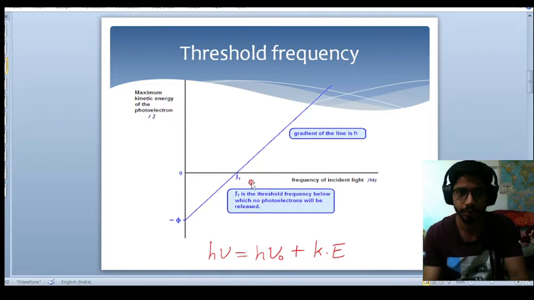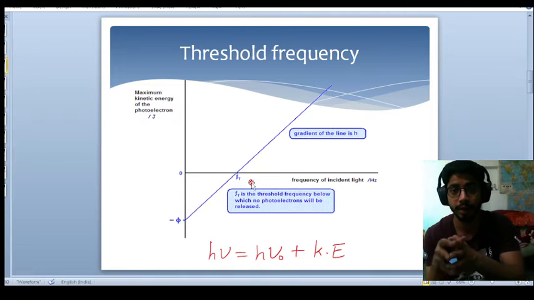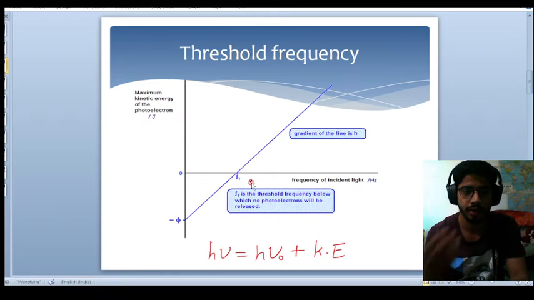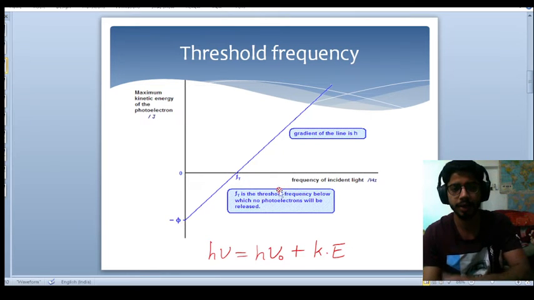So the answer is that we have to provide the minimum threshold frequency so that the electrons will eject from the metallic surface.